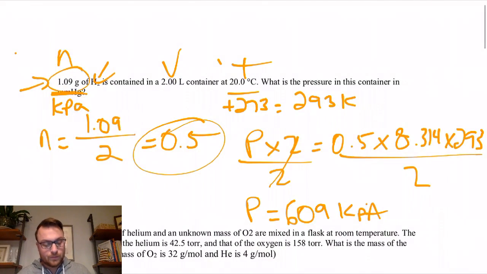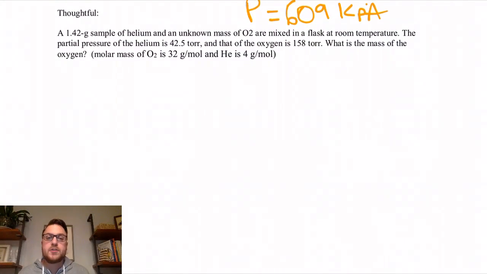All right, the first thoughtful problem has a couple of ways to solve it. Both will involve partial pressure. One way will be using the partial pressure formula, where you have a mole fraction times the total pressure. That gives you the partial pressure of whatever gas you're talking about.